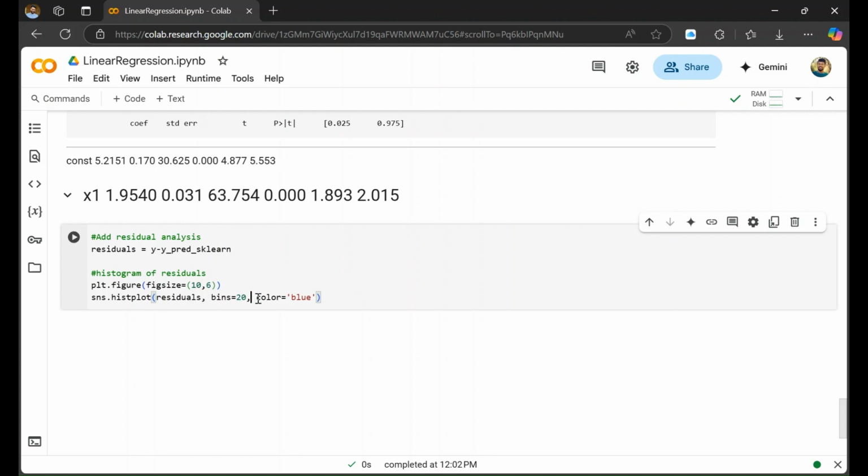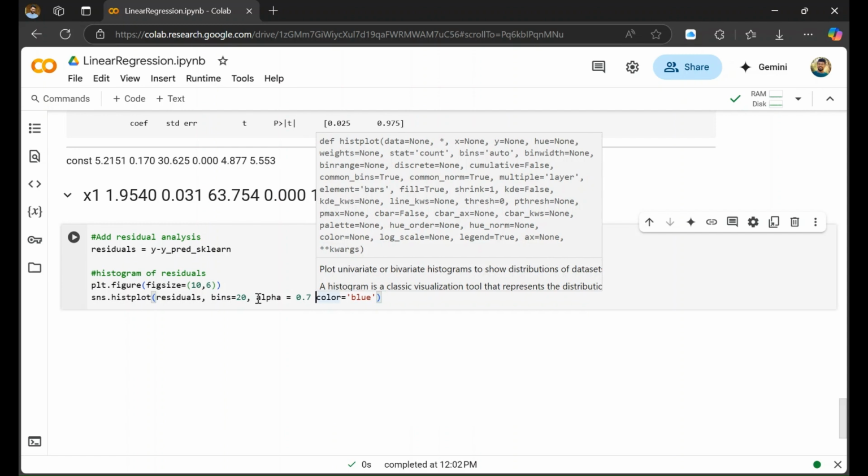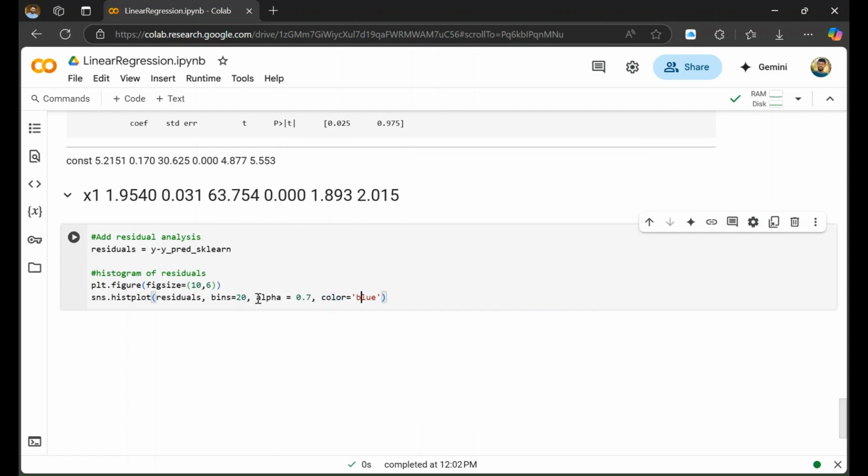Let's do the bins, and here is the transparency. So let's give blue only, and let's give an edge color black.